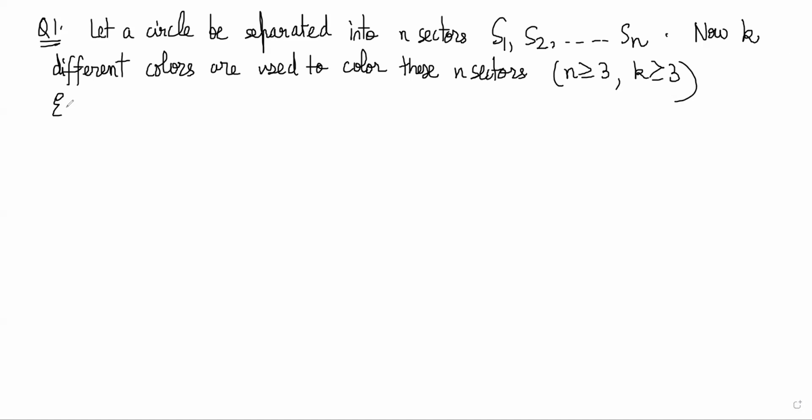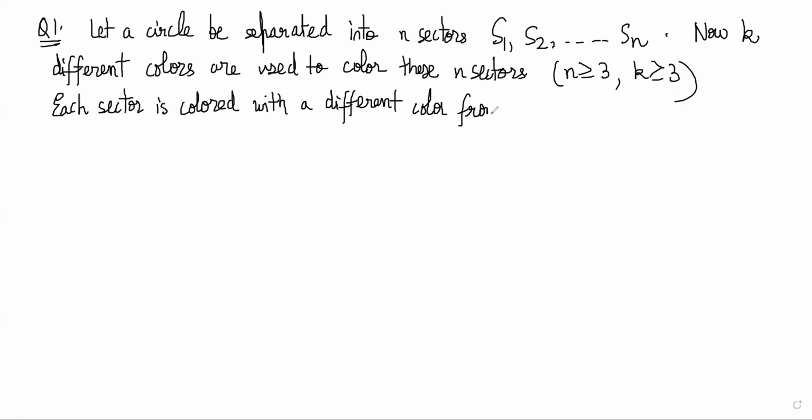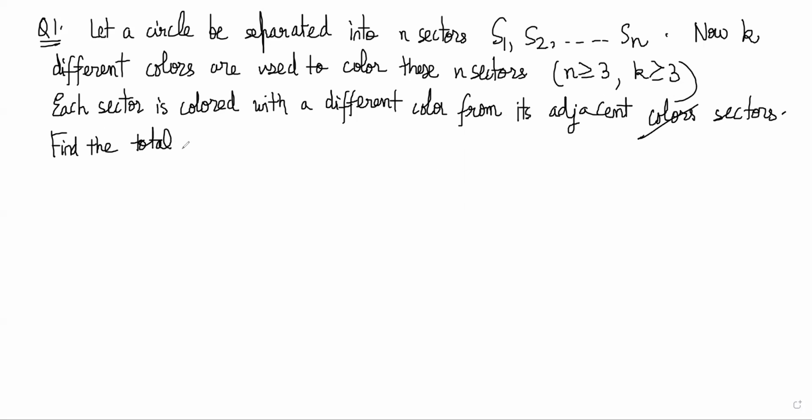Each sector is colored with a different color from its adjacent sectors. So two adjacent sectors cannot have the same color, right? We have to find the total number of coloring methods.